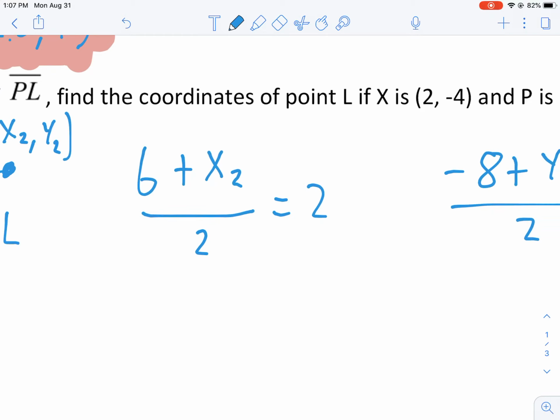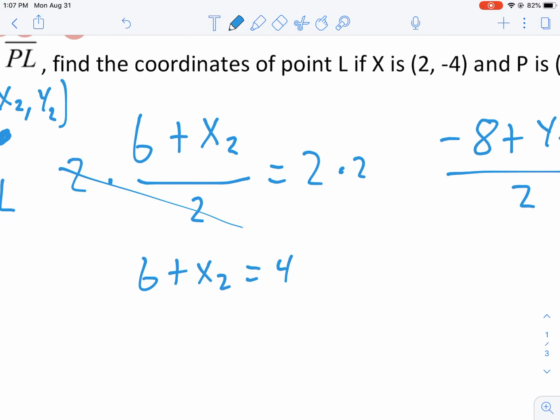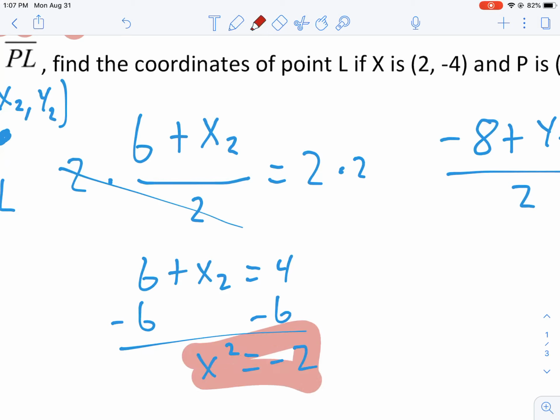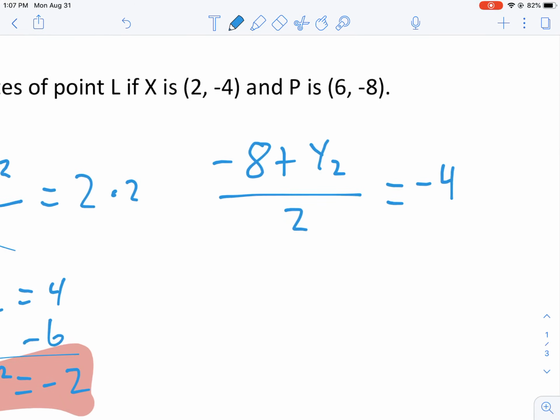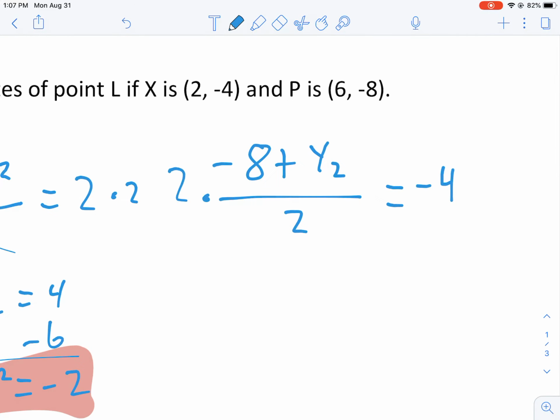It's 2 steps. The first step is we're going to multiply by 2 in order to cancel this out. So that gives us 6 plus x2 equals 4. Then you're going to subtract 6, and you get x2 equals -2. So there's our x coordinate. We're going to do the same thing over here.